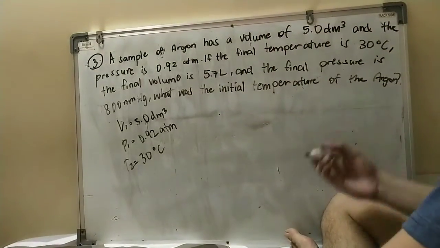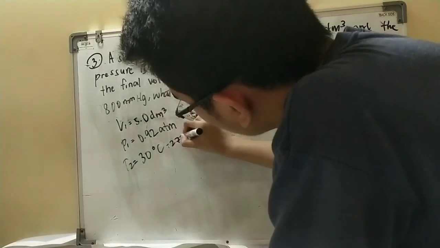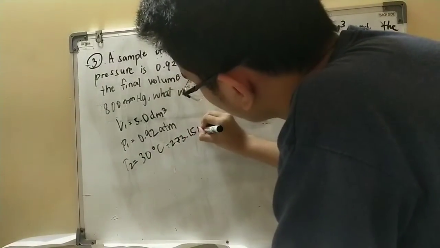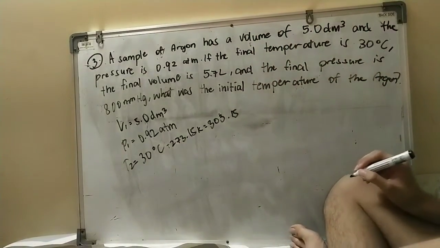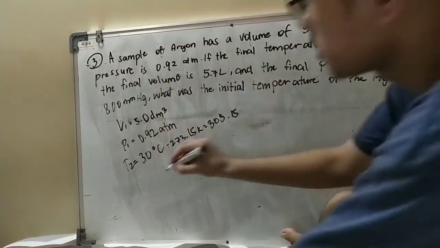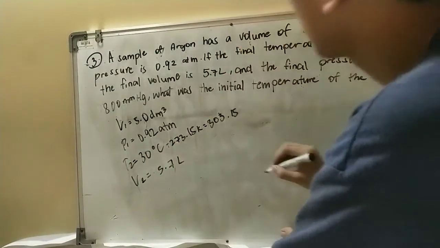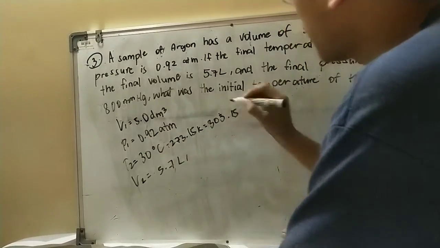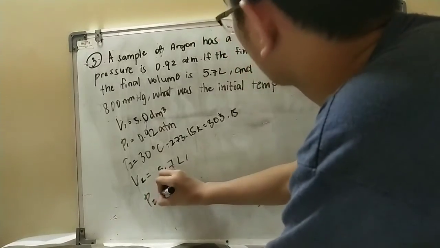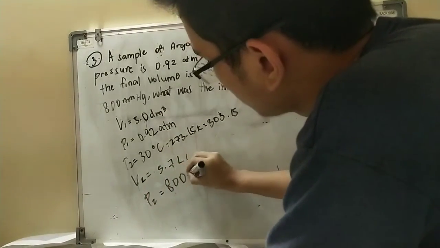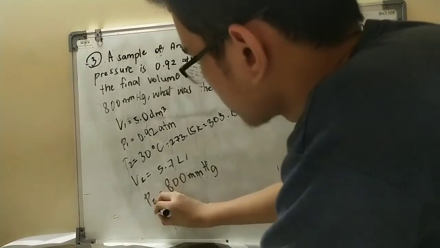Now, again, we're going to convert it to Kelvin because that's our standard unit of temperature: 273.15 Kelvin. Our next value is our final volume, which is 5.7 liters. And the final pressure is 800 mmHg. What is the initial temperature?